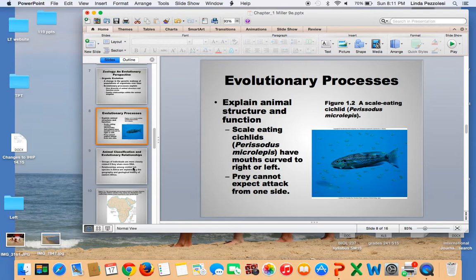So your mouth can either be curved one way or the other way, to the left or to the right, but not both. So within this species, some fish have their mouths curved to the right, and some fish have their mouths curved to the left. This makes it more difficult for the fish, which are prey, to be wary of an attack, because they never know if they're going to get attacked from the left or the right.